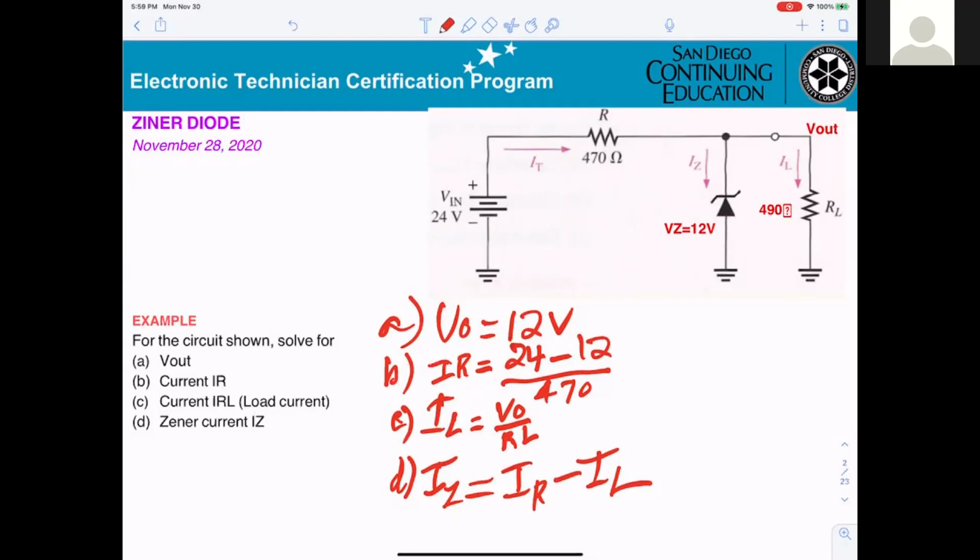How we got IZ? The current through Zener. You want to get the current through the Zener, you take the total current IR, that total current, minus the current going to the load, IL.